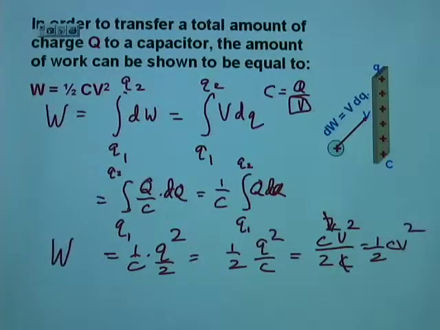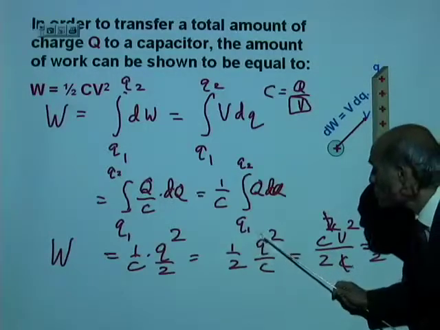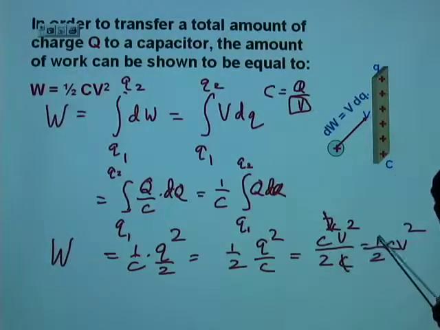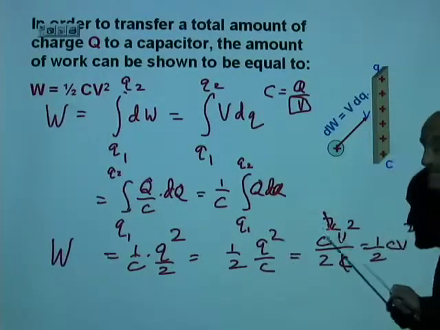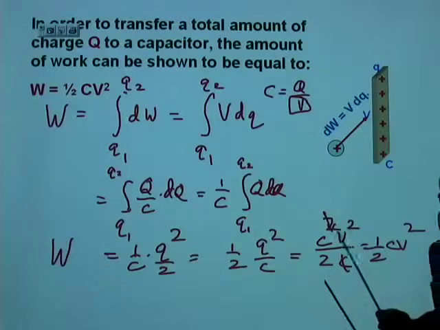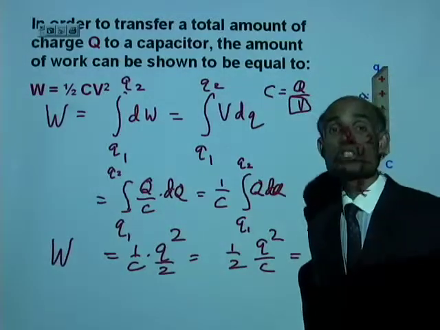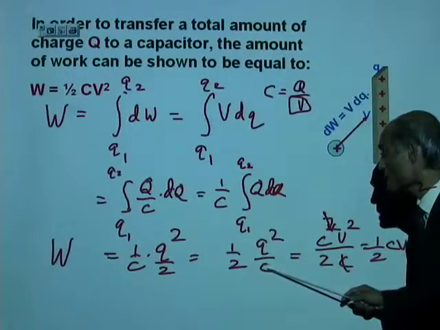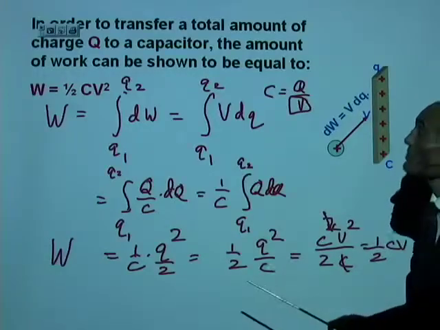So the energy of a charged capacitor is Q squared over 2C, that is one form, which is the same as 1/2 CV squared. The first one contains Q and C. The second one is in terms of C and V. So you must be familiar with these forms.